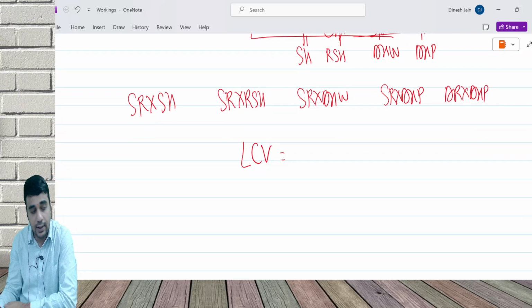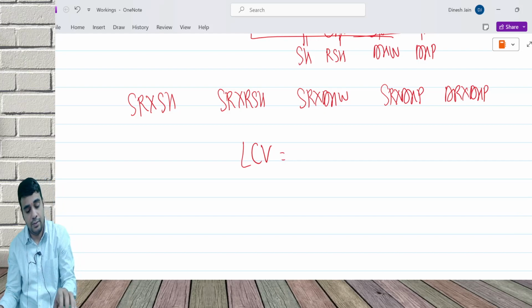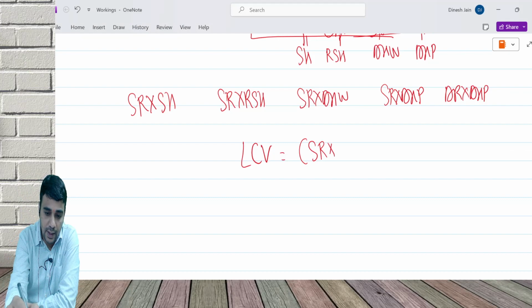Labor cost equal to small minus the big. Labor cost variance equal to, tell me the formula. SR into SH minus AR into AHP.